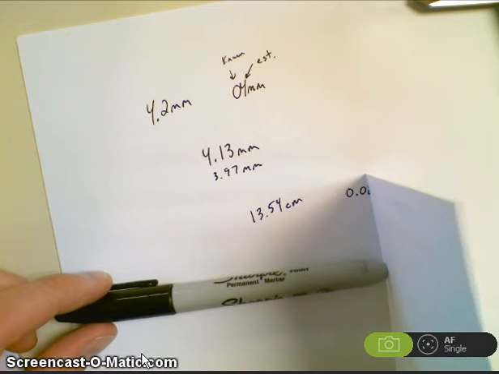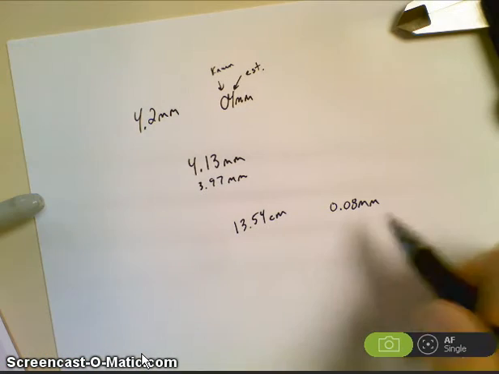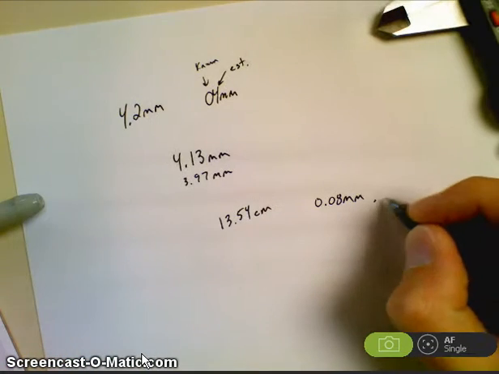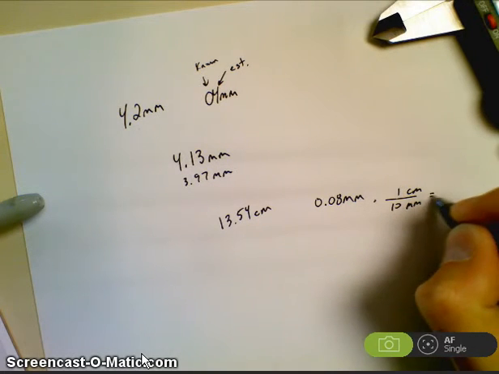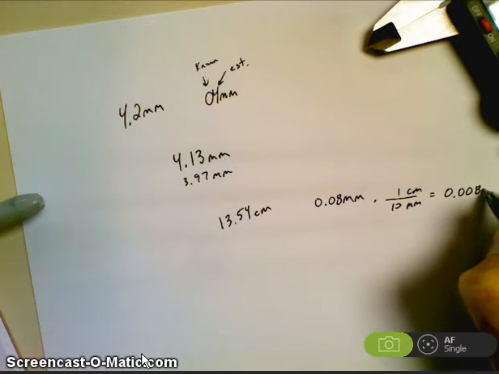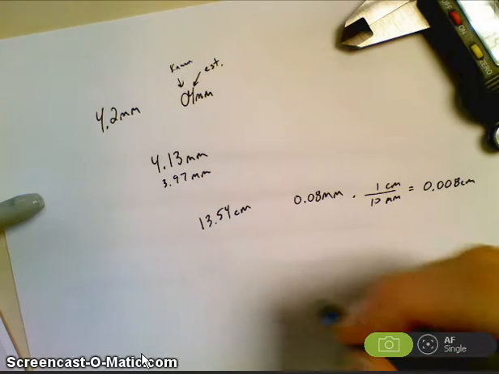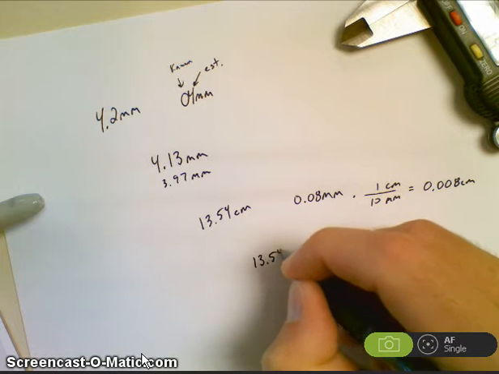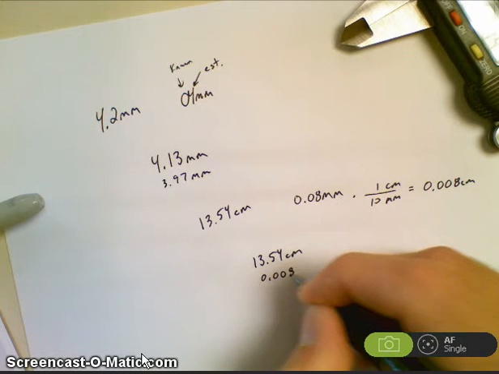If I were to put the piece of paper right on the end, what is the length of that? Let's do a quick conversion, millimeters to centimeters. So this is 0.008 centimeters. So I'm adding 13.54 centimeters to 0.008 centimeters.